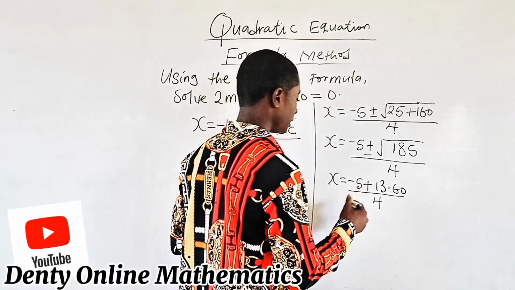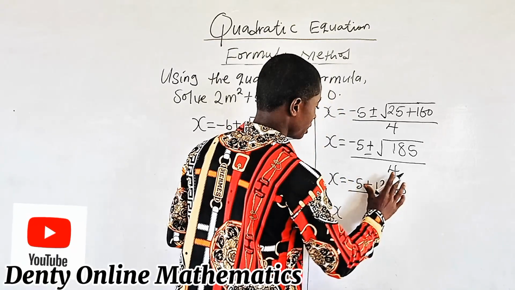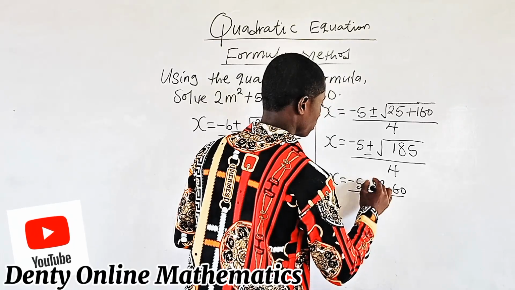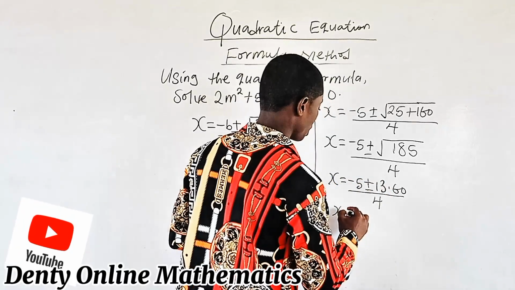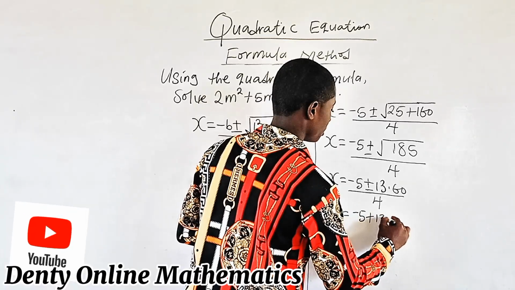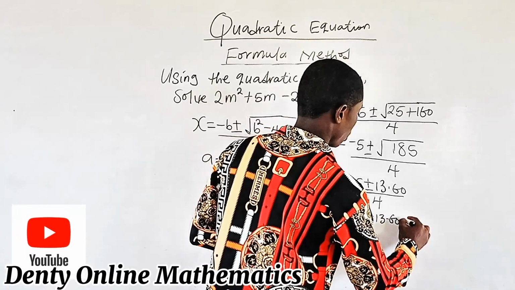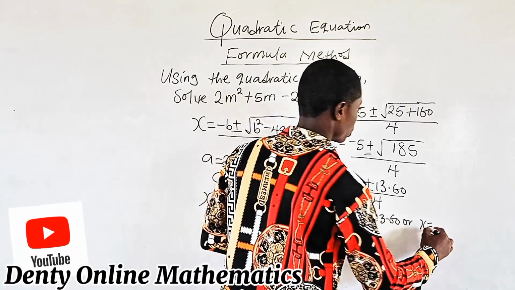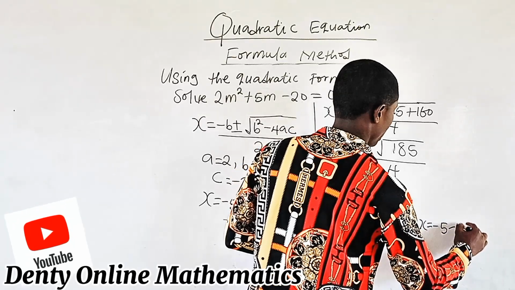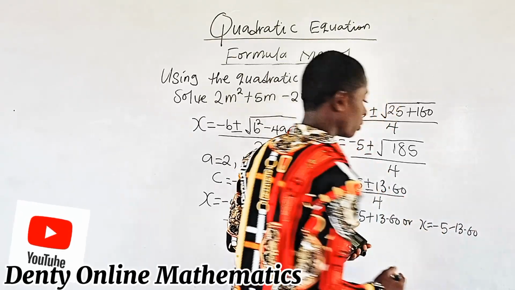So remember this is plus or minus. So x will be equal to minus 5 plus 13.60, or x will be equal to minus 5 minus 13.60.